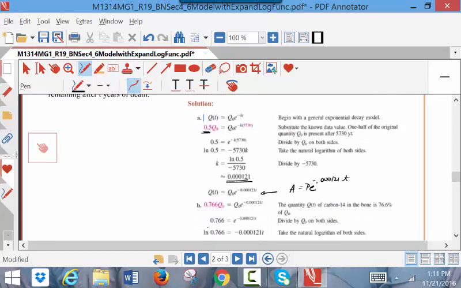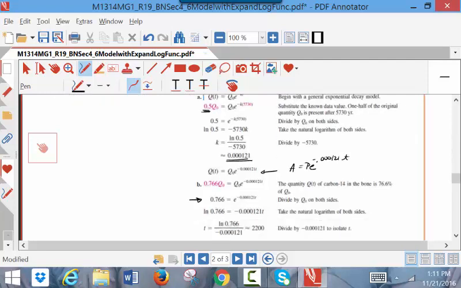So over here, they get their 0.766 equaling the exponential term. They take the natural logarithm of each side, divide, and come up with 2,200 years. Okay, 2,200 years. So the age of the bone is 2,200 years old.